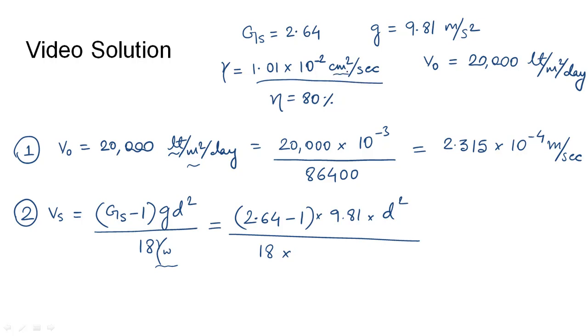Here it is in centimeters, so we need to convert it to meters, by operating it with 10 to the power minus 4. This would give us the final value as 0.885 times 10 to the power 6 into diameter square.